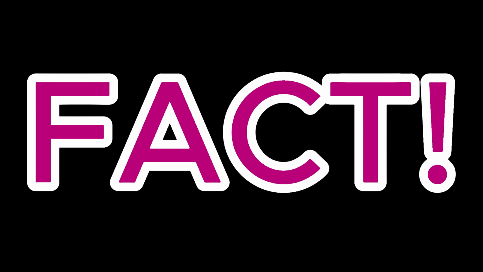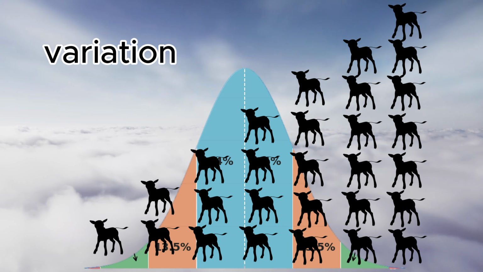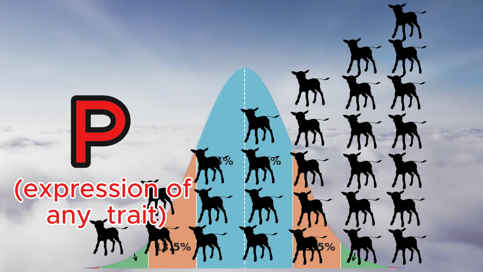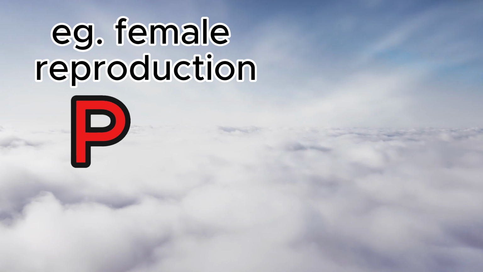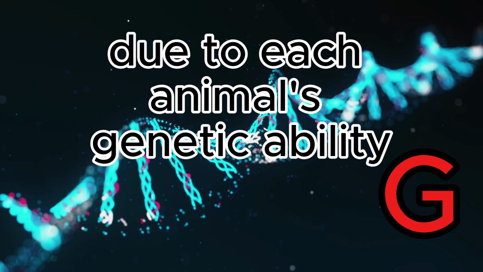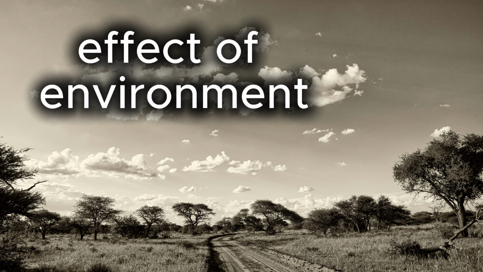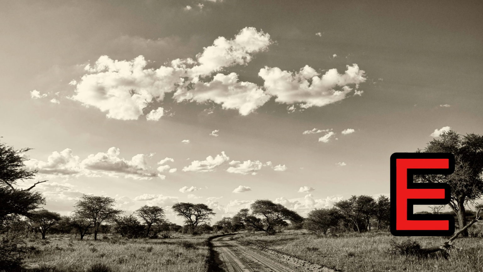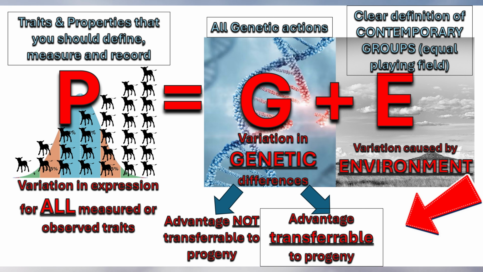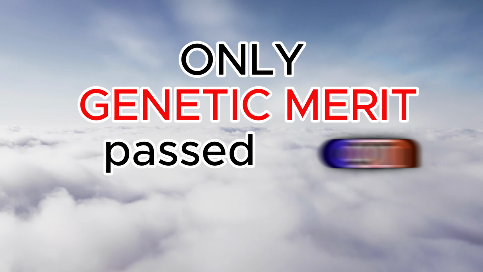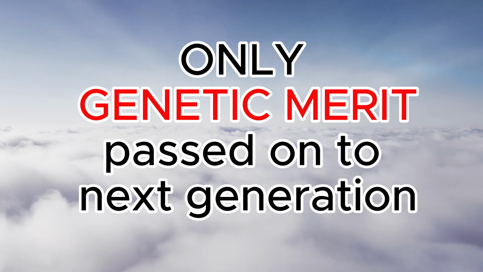It is a very well-known fact that the variation among the animals in the expression of any observed or measured trait, in this case reproduction, is the result of each animal's genetic ability for the trait, but also the environmental effect on such expression. Only a portion of the genetic ability, we also call that the genetic merit or breeding value, can be passed on to the progeny of each animal.